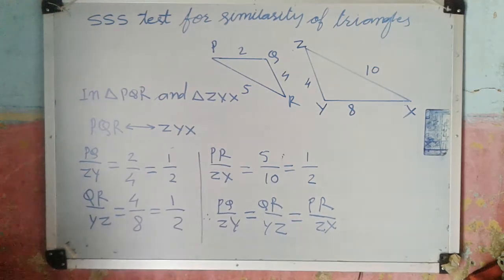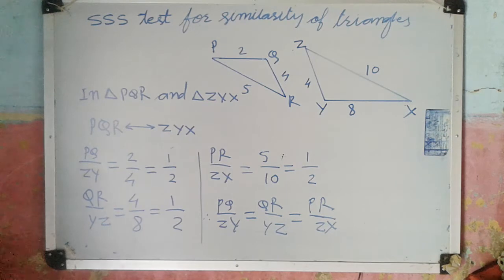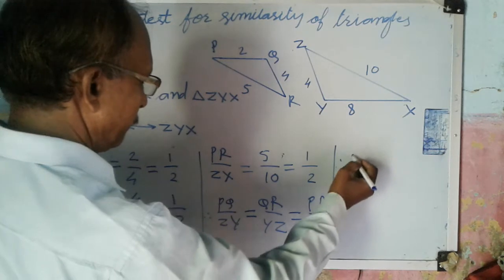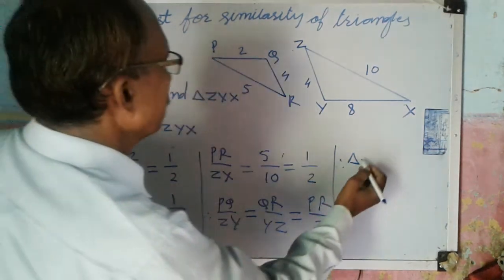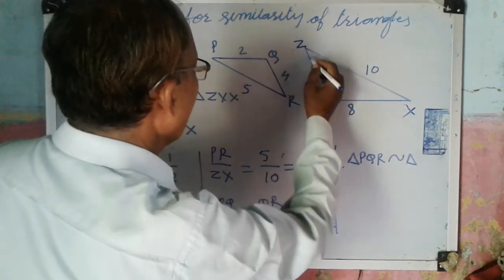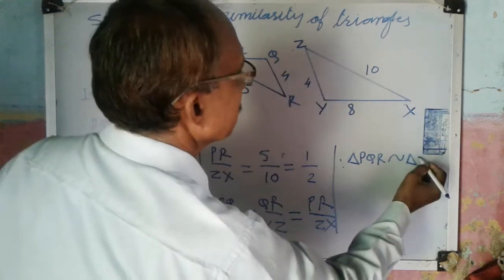See this test: for a given correspondence of vertices of two triangles, when three sides of a triangle are in proportion to the corresponding three sides of the other triangle, then the two triangles are similar. Therefore, triangle PQR is similar to triangle ZYX.